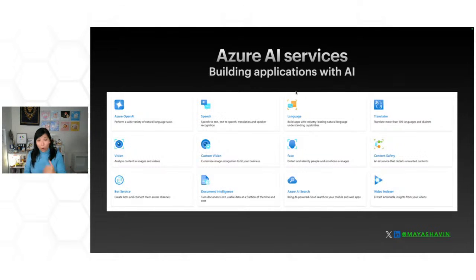Others include Azure AI Search, which provides smart search using LLMs, Document Intelligence for parsing documents, and others like Translator, Language, and Speech. The reason I'm talking about these specific services is that they are very related to the document assistant, which we will review in the following slides.